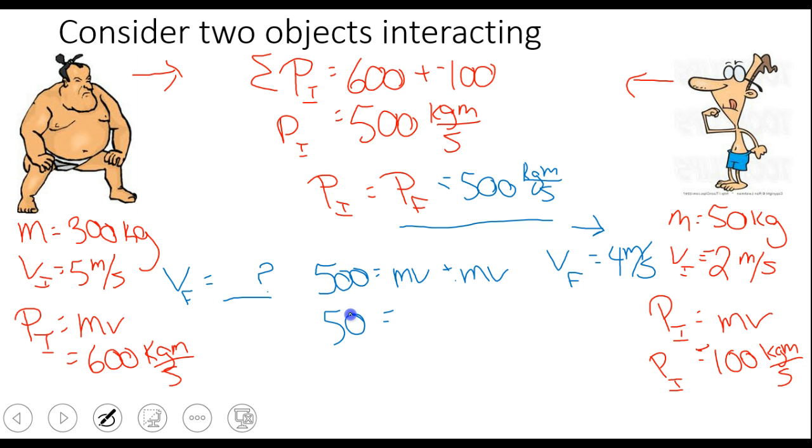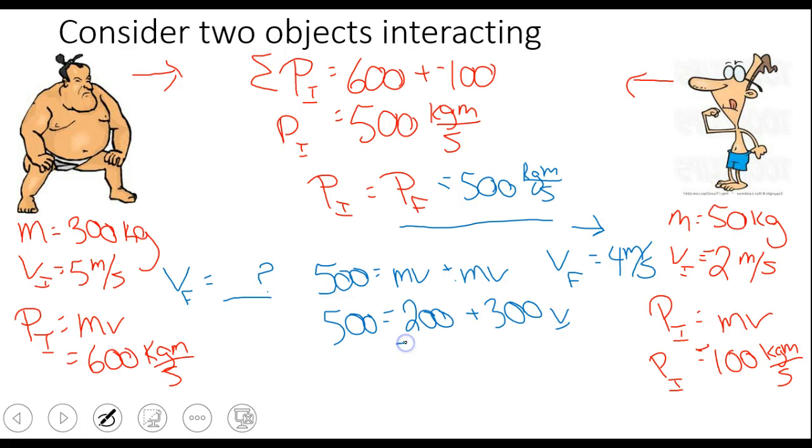I know my guy to the right is going to be 50 times 4. His mass is still 50. He didn't lose any weight. And so his momentum is going to be 200 kilogram meters per second to the right. Mass of my sumo wrestler didn't change. It's still 300 kilograms, but I want to know the velocity of that sumo wrestler, and I don't know it just yet. So I've got to solve for v.